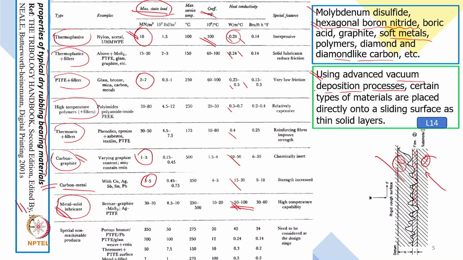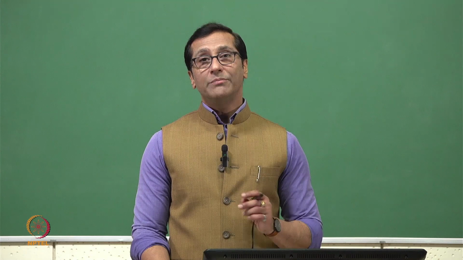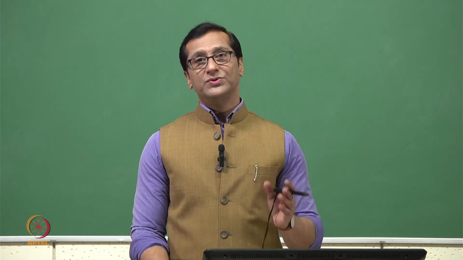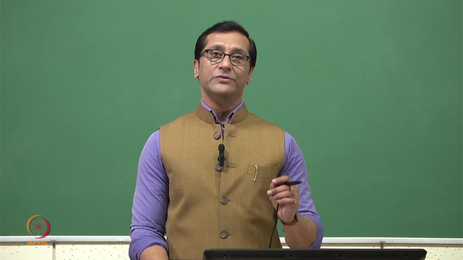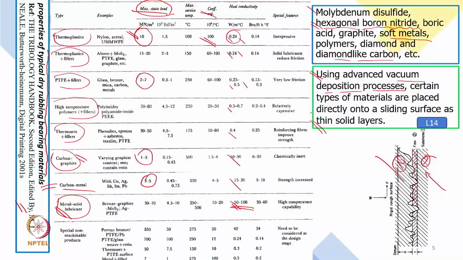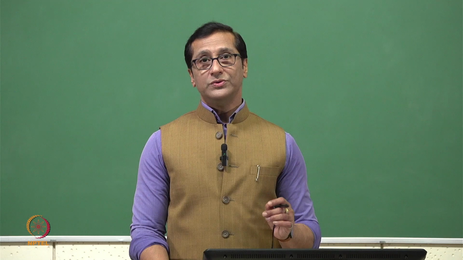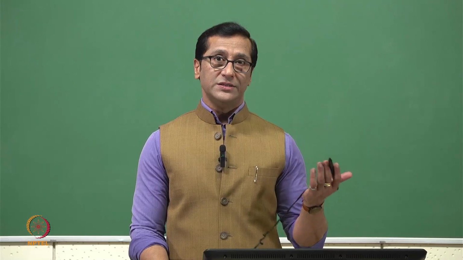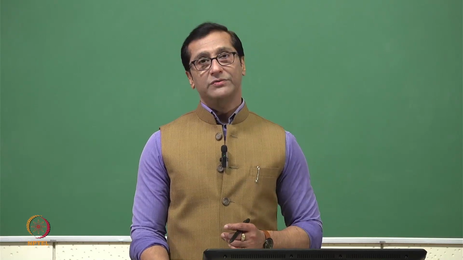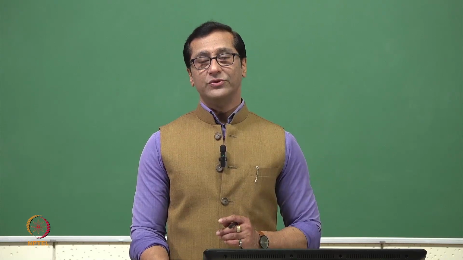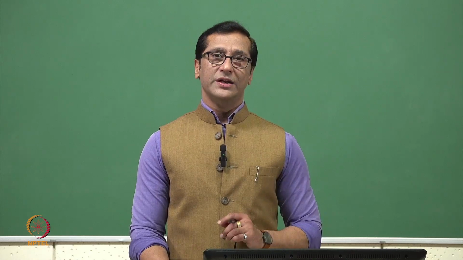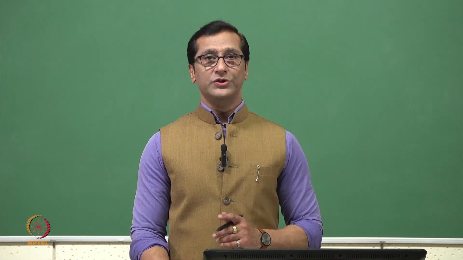So we really require better manufacturing to deposit those layers on the surface. This is very sophisticated, and we deposit a layer of a few microns, which can really last for 10 years or so. This is very important, and that will be in lecture 14, not the next lecture. The next lecture is surface modification.